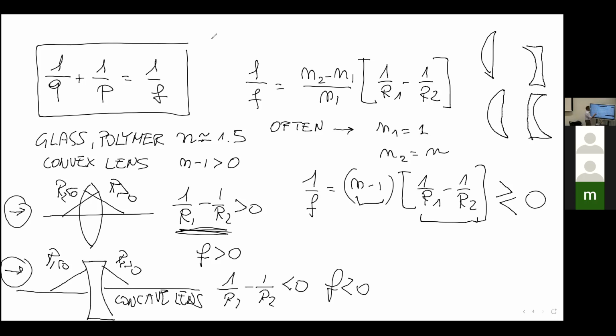For this reason, in optics, very often a lens with a positive focal length is represented with a symbol that is a double arrow like this. Okay, so in optics, you may find as a symbol of a lens a double arrow like this, because you are mimicking this shape here.